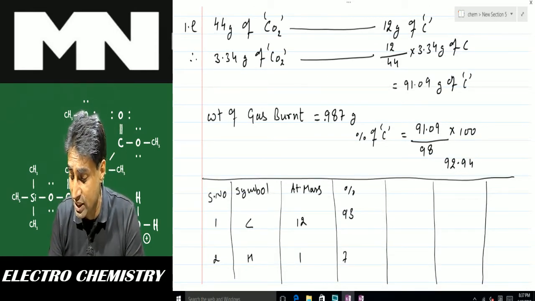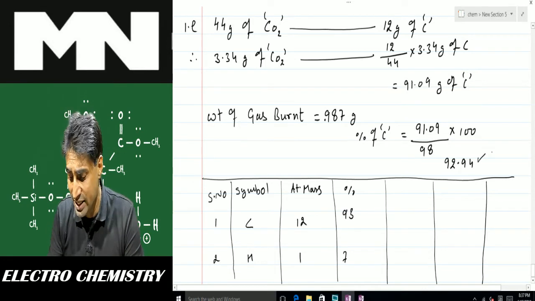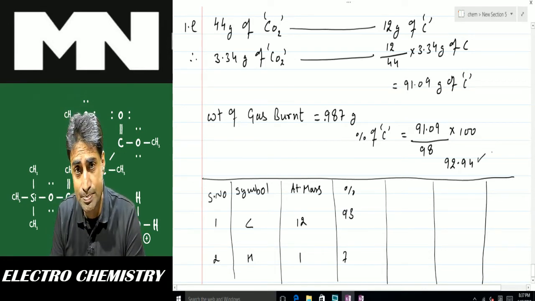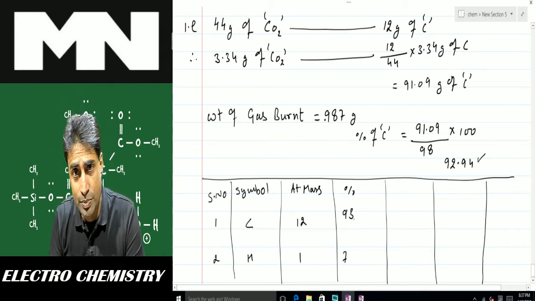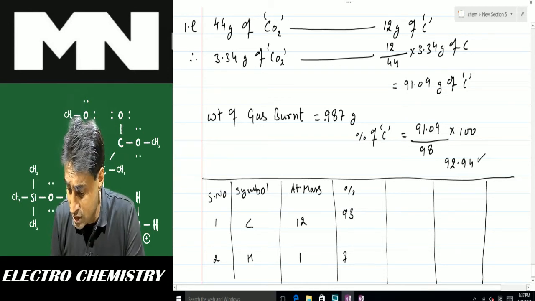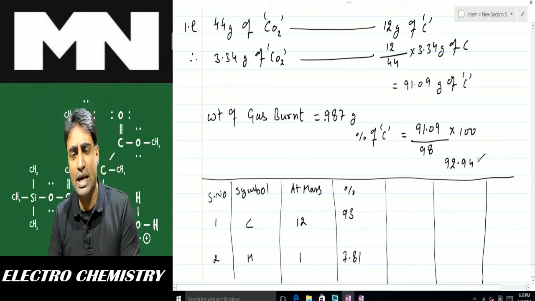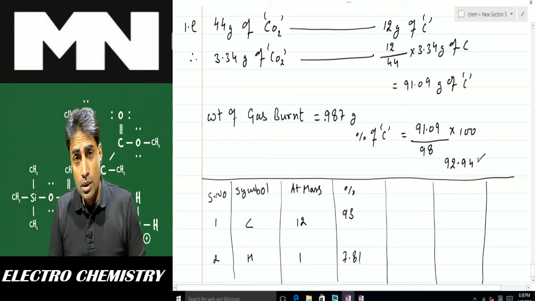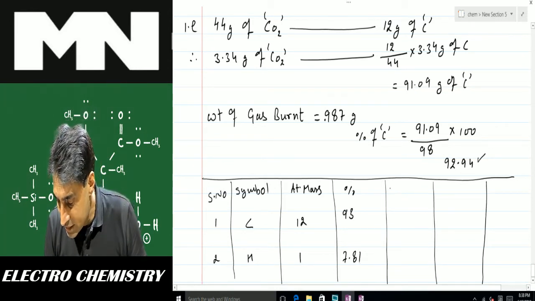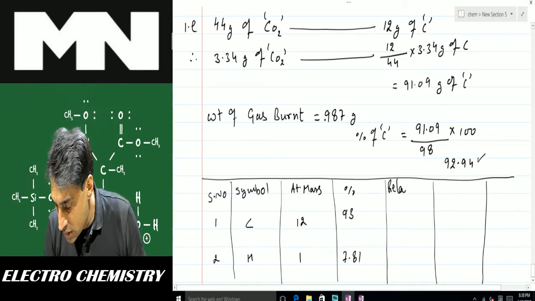So if I am rounding it off to 93, I am writing the other one as 7. I'm writing it as 7.81, as we calculated it. So after that, we'll get the relative number of atoms.